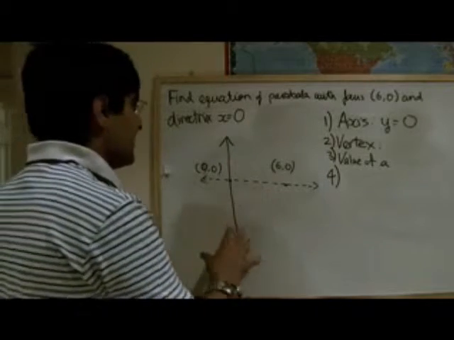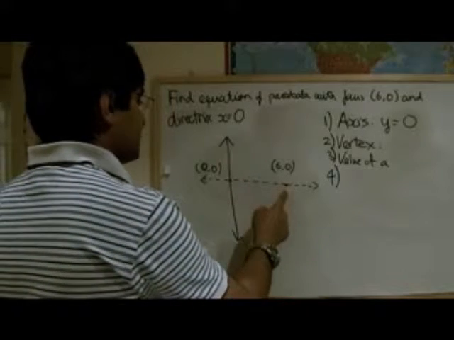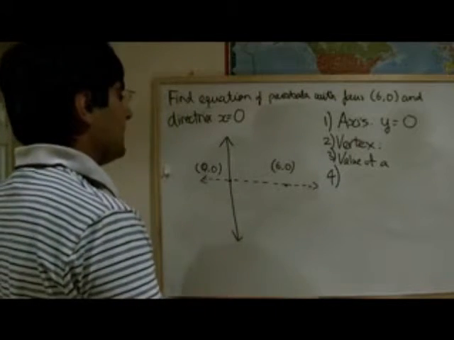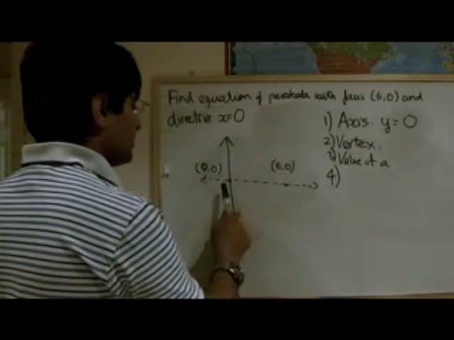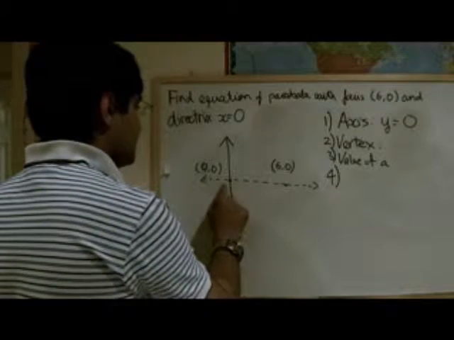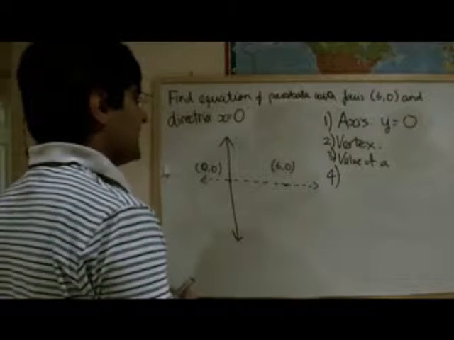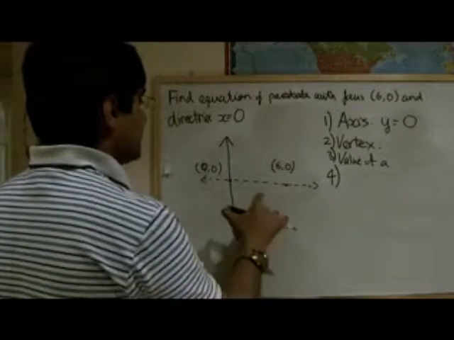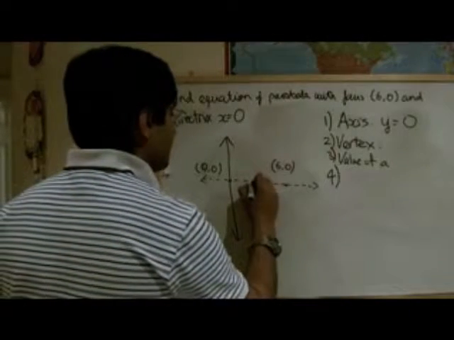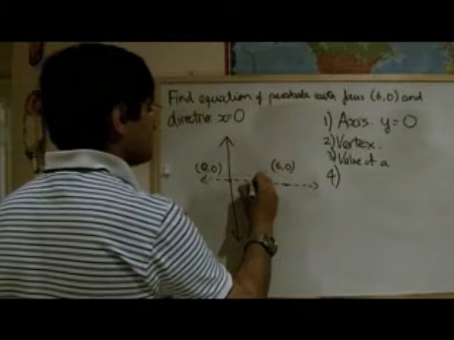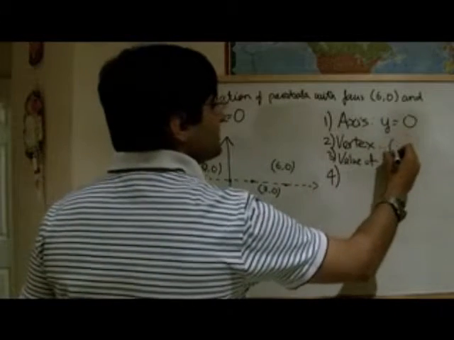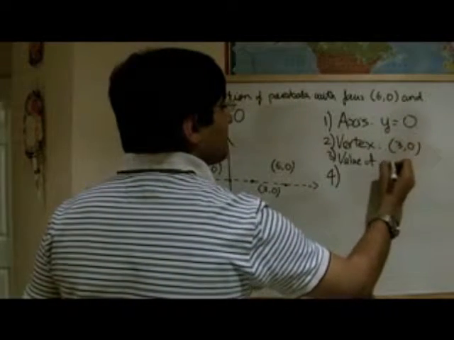So, in this case, if this is the vertex and this is the directrix, we can deduce that the vertex of the parabola must be somewhere in between, equidistant from these 2 points, from the directrix at the point 0, 0 and from the focus at 6, 0, because the focus and directrix have to be the same distance either side of the vertex. What's midway between 0, 0 and 6, 0? Well, we know that it is 3, 0. So the vertex now is 3, 0.